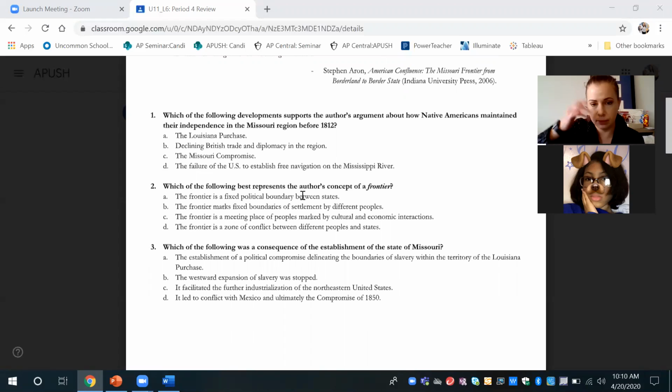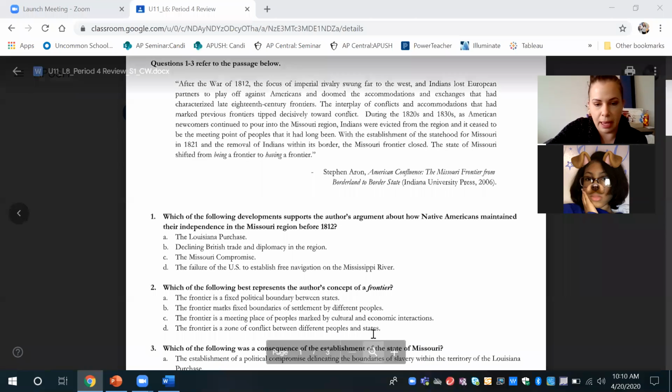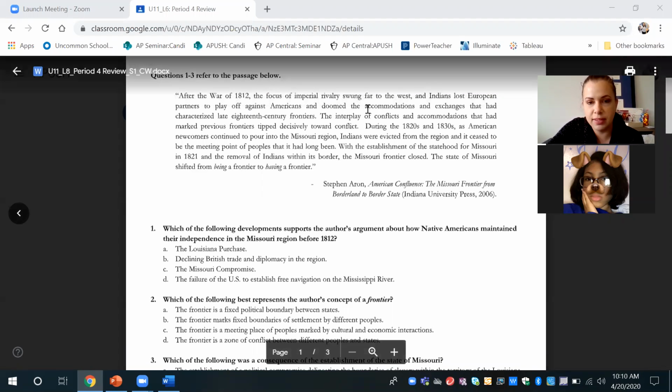Can you explain number 2? Okay, which of the following best represents the author of the frontier? So the reason why we know that this is about cultural and economic interactions is because of this emphasis on the relationship between Native Americans or Indians and the European settlers.